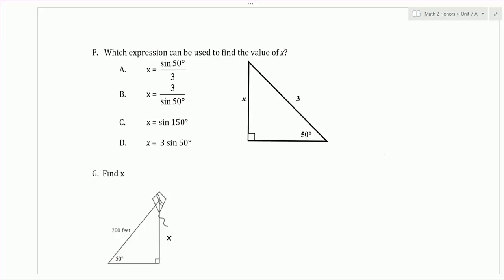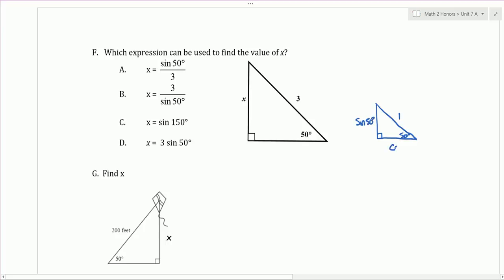Which expression can be used to find x? So I'm going to set up a triangle that's similar. One that has 90 degrees and 50 degrees, so they're similar by angle, but with a hypotenuse of 1. The hypotenuse is 1, then the opposite is going to be sine of 50 degrees.